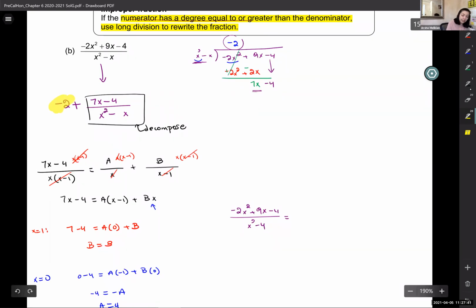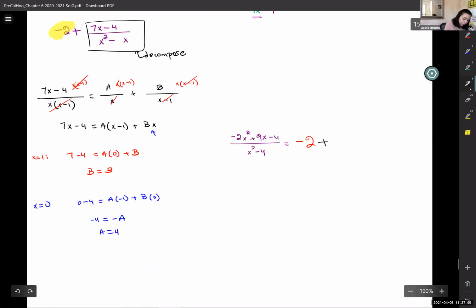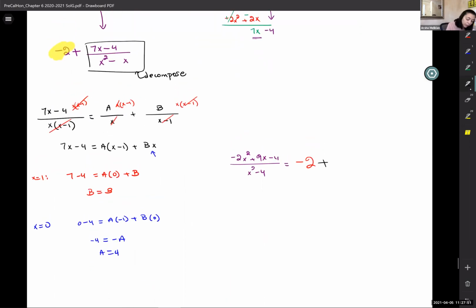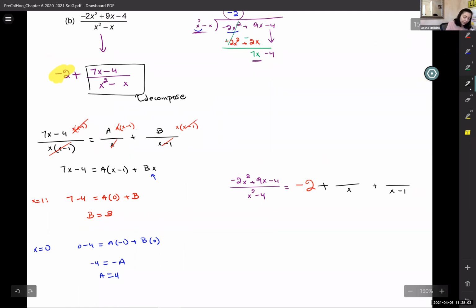You still have this negative 2. So you need to include that negative 2 plus the decomposition that we just did, which was something over x plus something over x minus 1, right? And what goes over what? Well, x had the A, which is 4, and then 3 goes here. So that is the final answer.